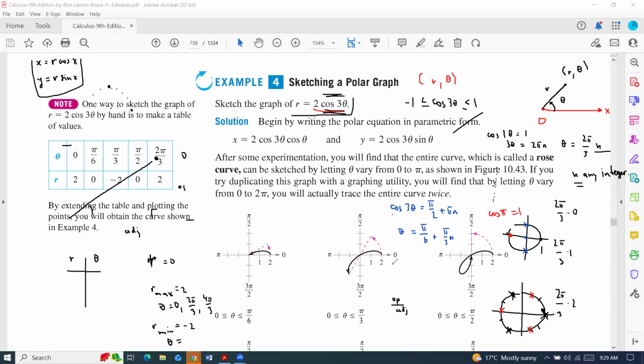Which means that the first angle is going to be pi over 6, and then I can add another 2 pi over 6, so that'd be 3 pi over 6. Is that the same as pi over 2? Yes. And then add another 2 pi over 6, so that'd be 5 pi over 6.